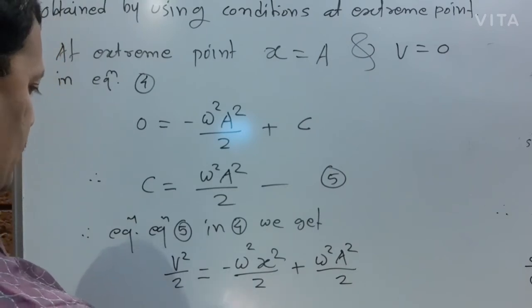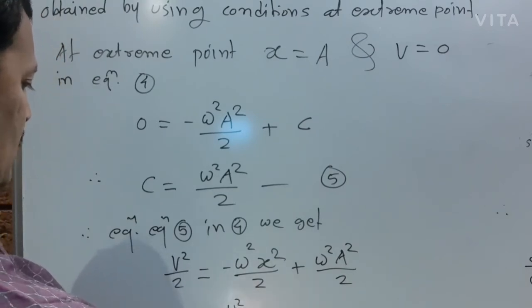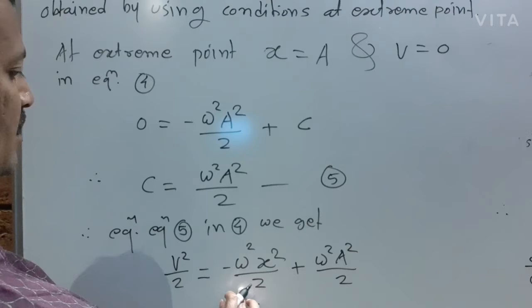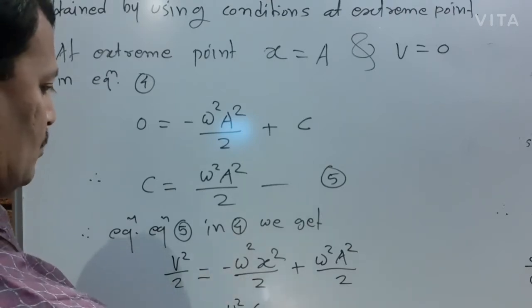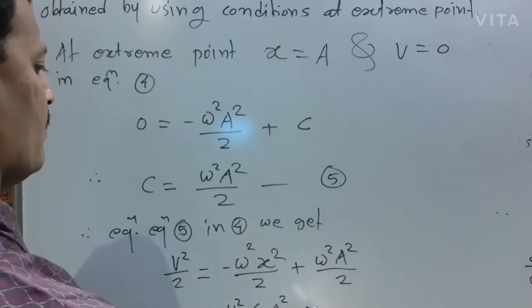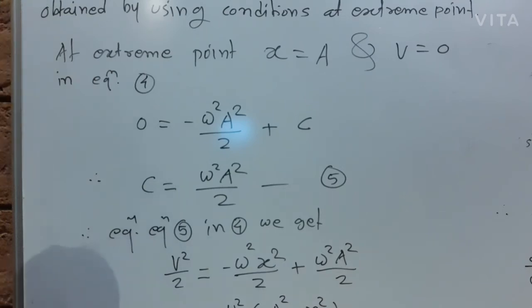Now here omega square divided by 2 is common, and so here is a square minus x square, and therefore 2 is cancelled, and so v square is equal to omega square into a square minus x square.